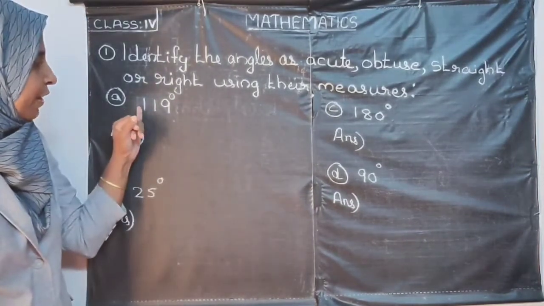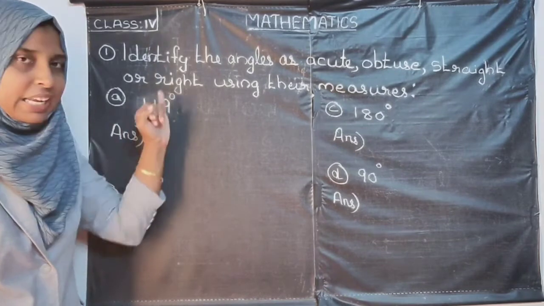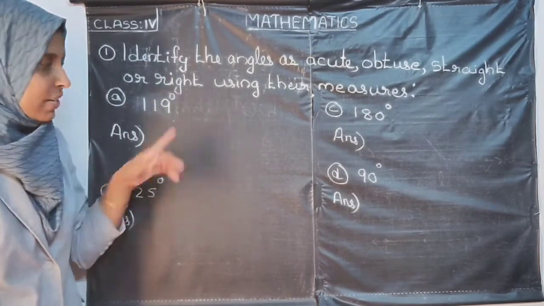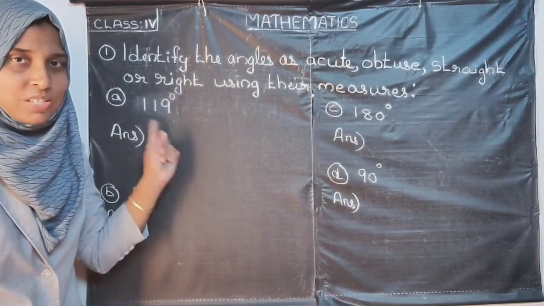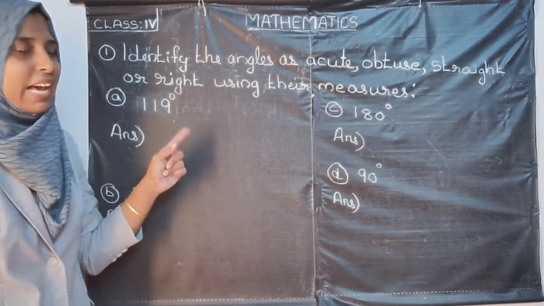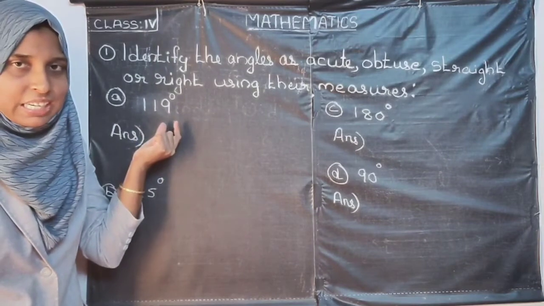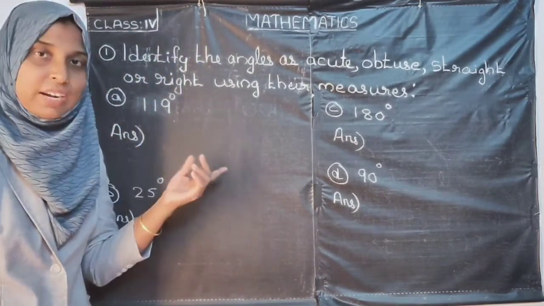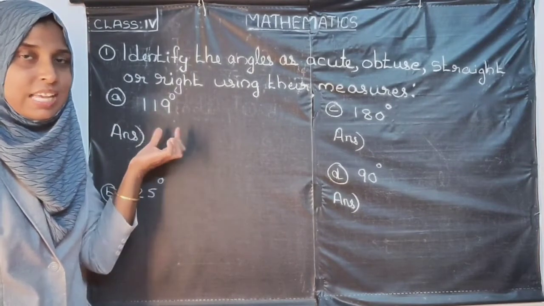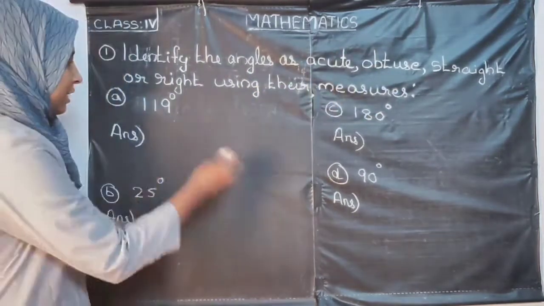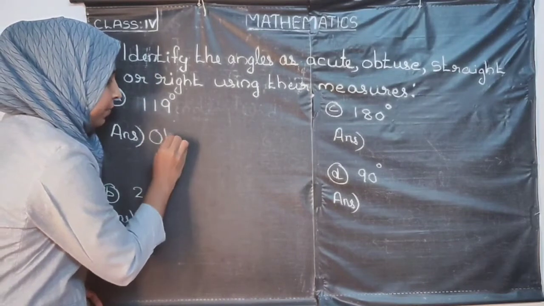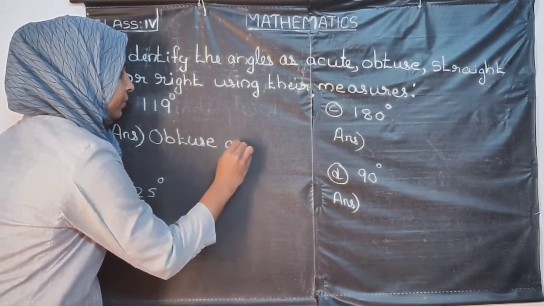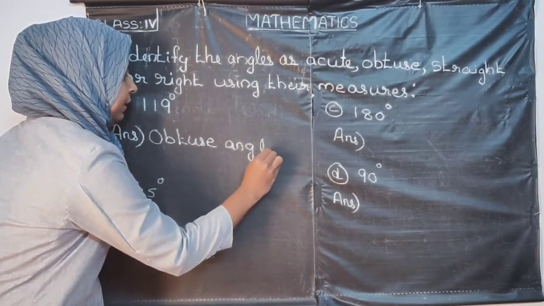Look here. First one, 119 degree. Tell me, children, is this acute, obtuse, right or straight angle? The angle 119 degree is greater than 90 degree and less than 180 degree, so it is an obtuse angle.